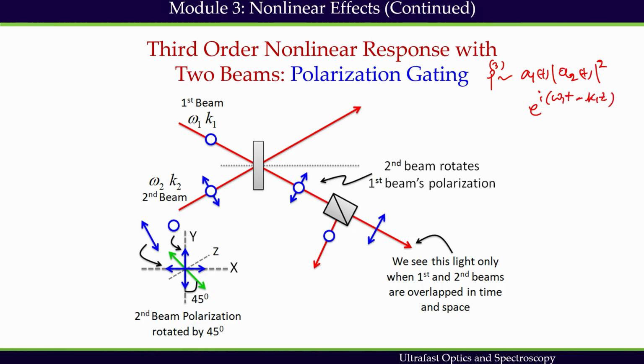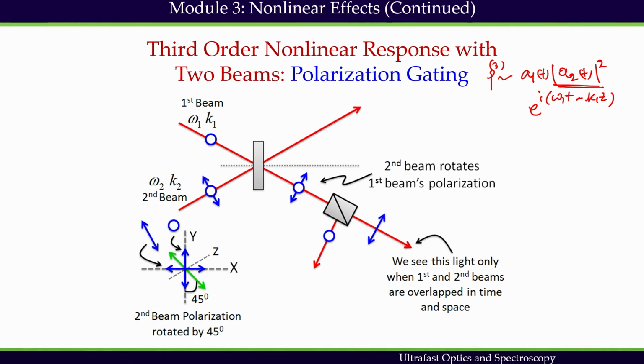This is the term which is responsible. This third order polarization yields an emitted pulse that has the same frequency and direction as the first beam, but allows the first beam to get affected by the intensity of the second beam. That's the basic idea of this term.